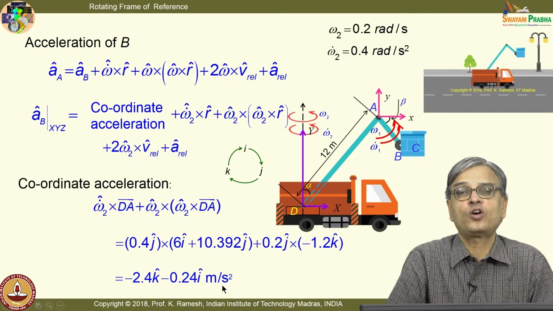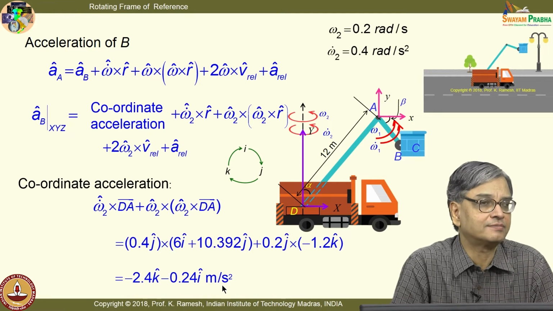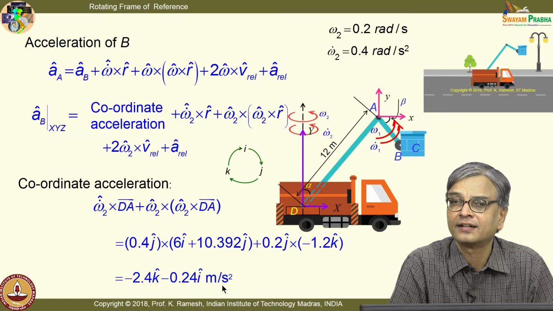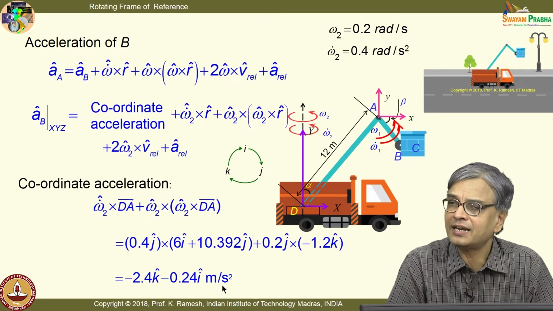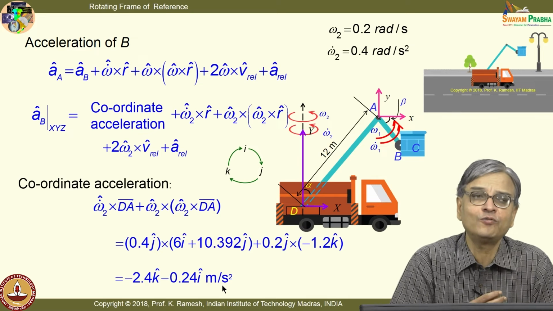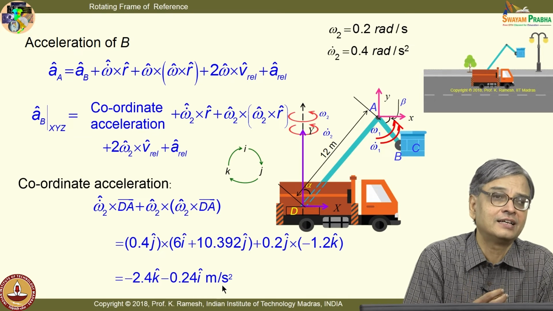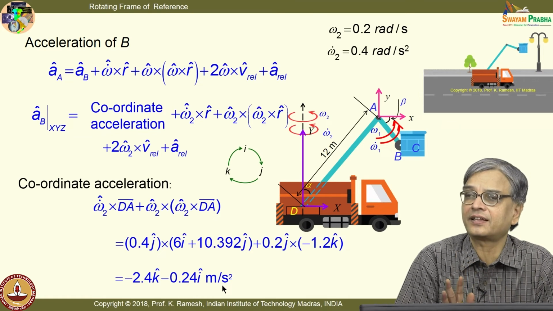See, when I have coordinate acceleration, you have one more extra term, the computations become little longer, but the methodology still remains the same. You can easily comprehend the whole thing, but it is involved and you have to be alert and do your computation systematically.